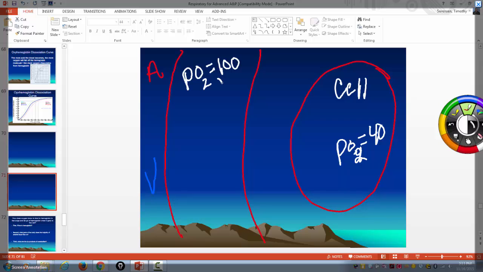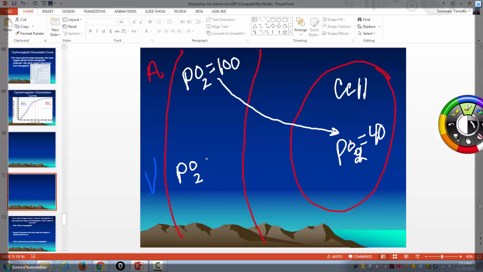So where is oxygen going to go? Oxygen is going to move from the arterial end of the capillary by pressure and move into the cell, so it can sit at the end of the electron transport chain, and you can make ATP aerobically. That's a good thing. And that oxygen is going to move until the PO2 equilibrates with the blood.